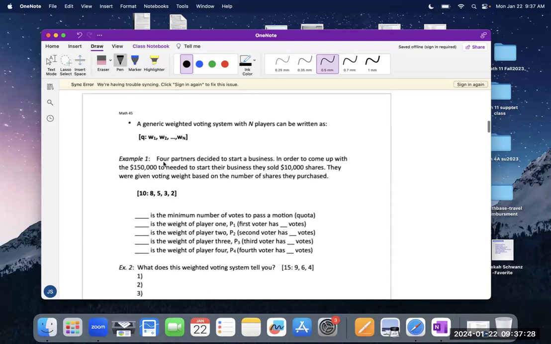In this example 1, 4 partners decided to start a business. In order to come up with the $150,000 needed to start their business, they sold $10,000 shares. They were given a voting weight based on the number of shares they purchased. If they purchased 8 shares and each share was $10,000, 8 times 10,000 is $80,000 invested in the company, and because they paid for 8 shares, they get 8 votes.